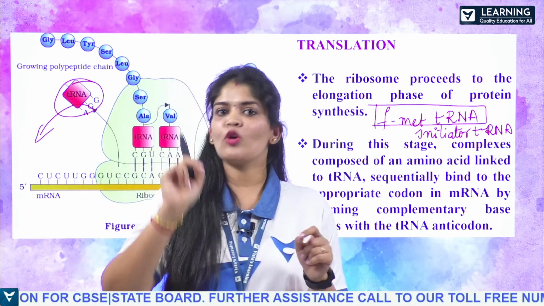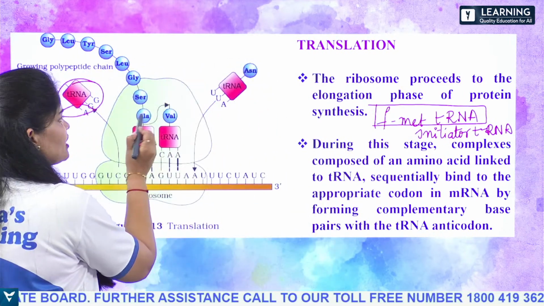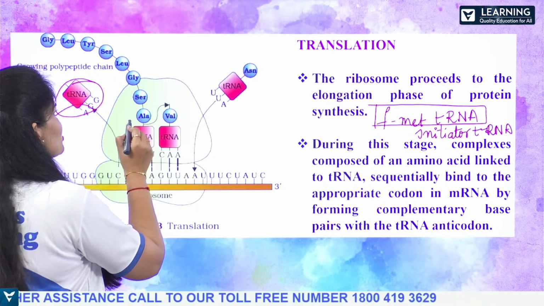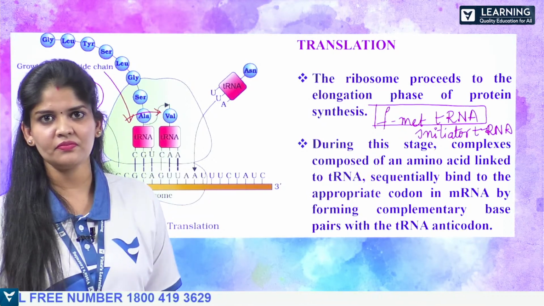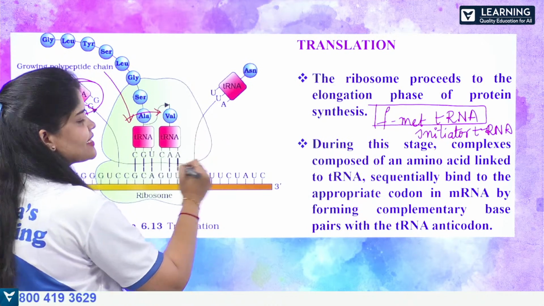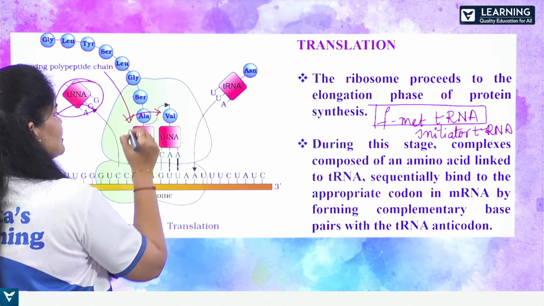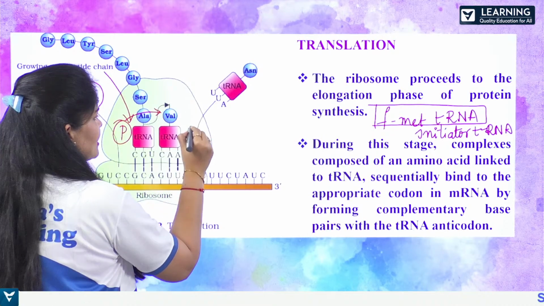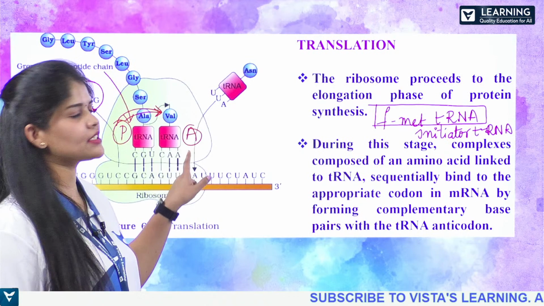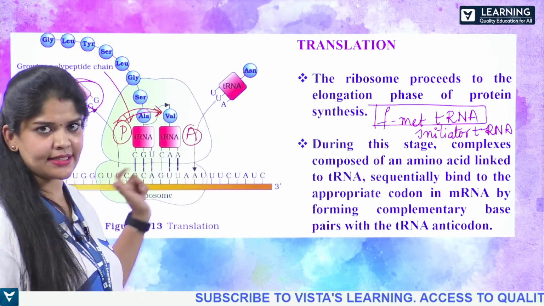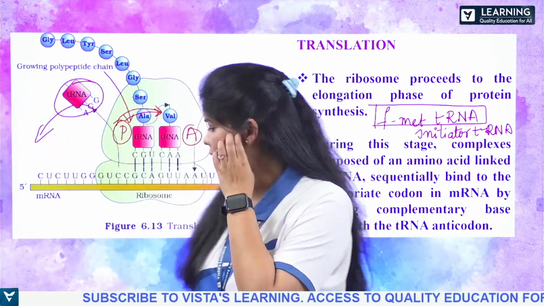Meanwhile, the peptide bond will form between these amino acids, and this chain will shift its position, leaving the A site vacant every time. So this is the P site and this is the A site. The shift happens from P site to A site, and every time the A site will be ready for the next attachment.